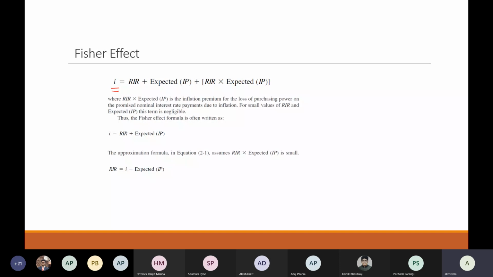This is the nominal interest rate we are talking about. Nominal interest rate is a function of real interest rate, expected inflation, IP, and plus real interest rate into expected inflation. When he tried to convert this function into a similar equivalent function, he observed that generally this last part is very small.